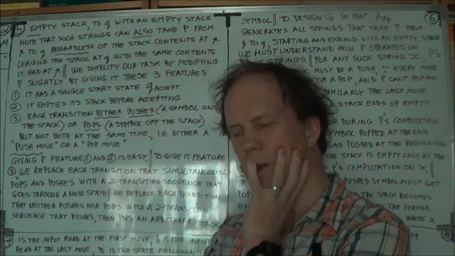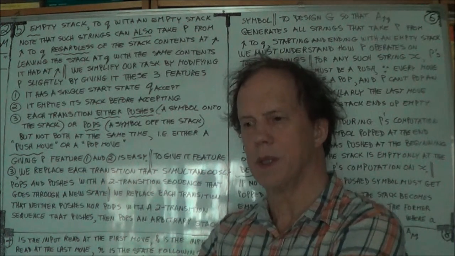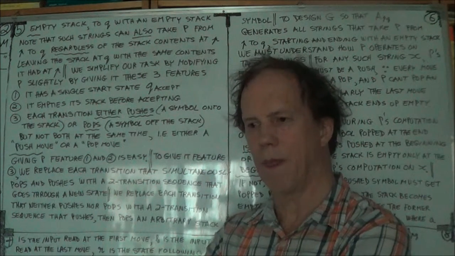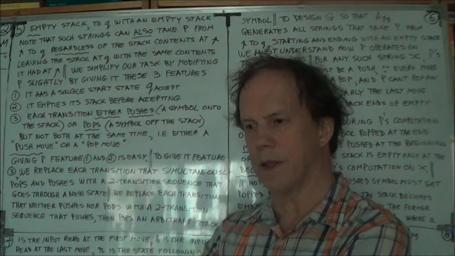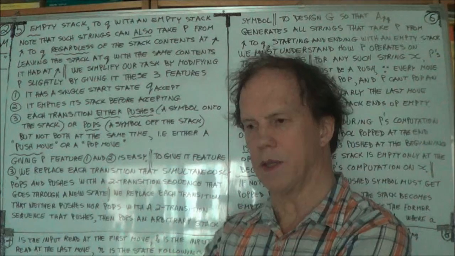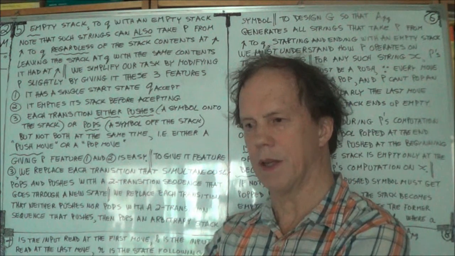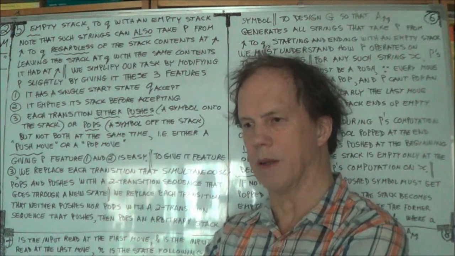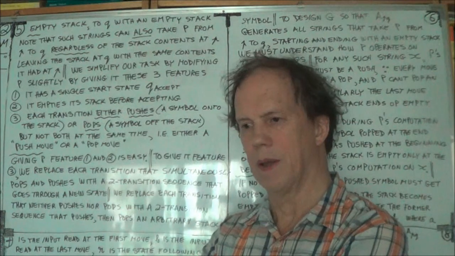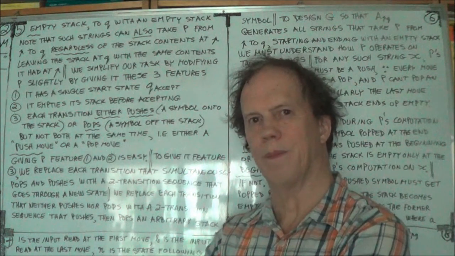And this variable has the property that when you expand it out using the rules of the grammar, using the substitution rules, it will generate all the strings that you can generate, starting at a state p with nothing on the stack, and ending in state q with nothing on the stack.